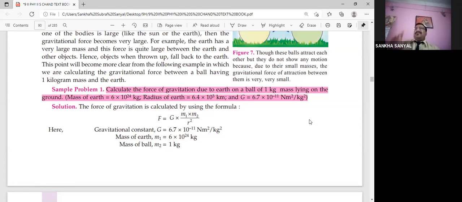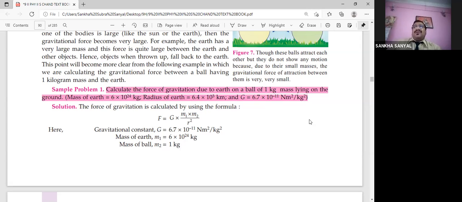My dear students, there are people who make a mistake. They say somewhere, sir, you are saying 6.67, and somewhere it's written as 6.7. Well, my dear students, this is a numerical. Numerical can have any value, but you need to stick with the theoretical value, which is 6.67 into 10 to the power minus 11 Newton meter square per kg square.